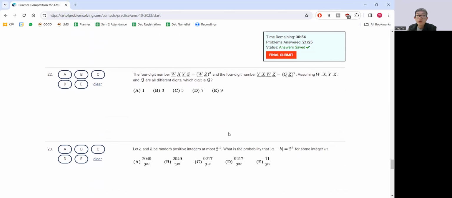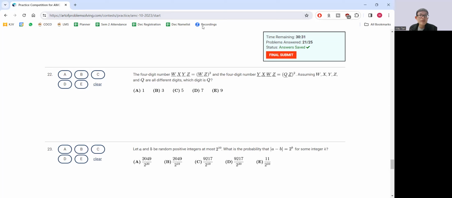Question 22. Okay, all the digits are different. Thinking of, again, what clever methods are there?